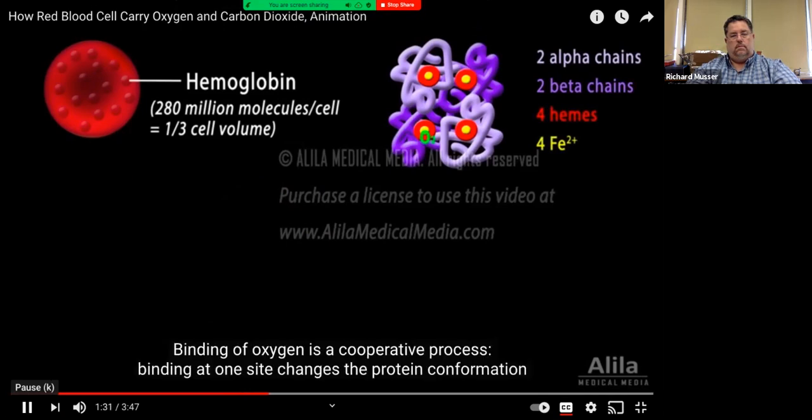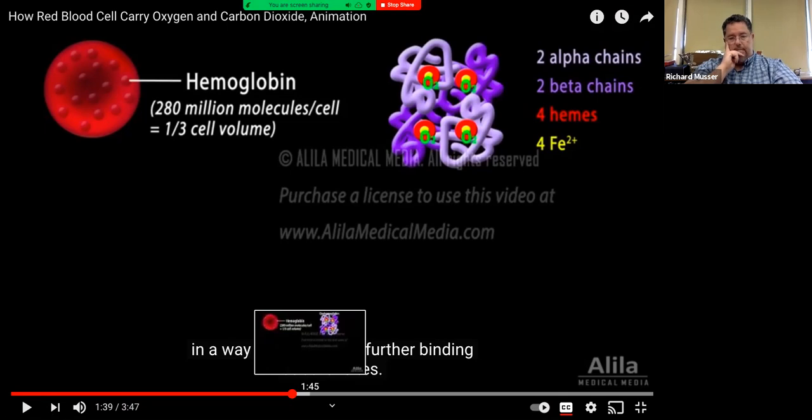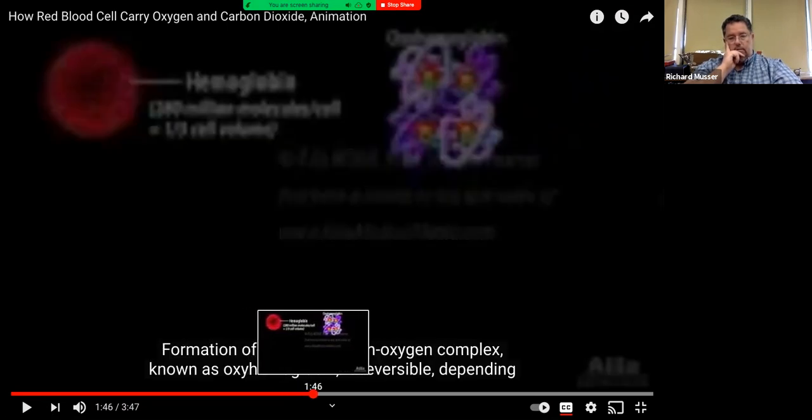Binding of oxygen is a cooperative process. Binding at one site changes the protein conformation in a way that facilitates further binding at other sites. So anyhow, that's where the heme comes along. Now let's move along a little bit.